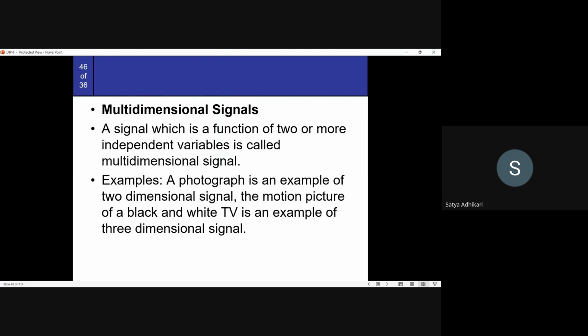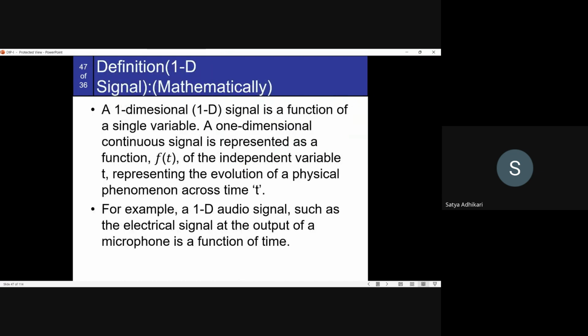So we are interested in image processing. An image is a two-dimensional signal; we know that it has a location and an intensity. The motion picture of a black and white TV is an example of a three-dimensional signal. A one-dimensional function of t has only one independent variable.